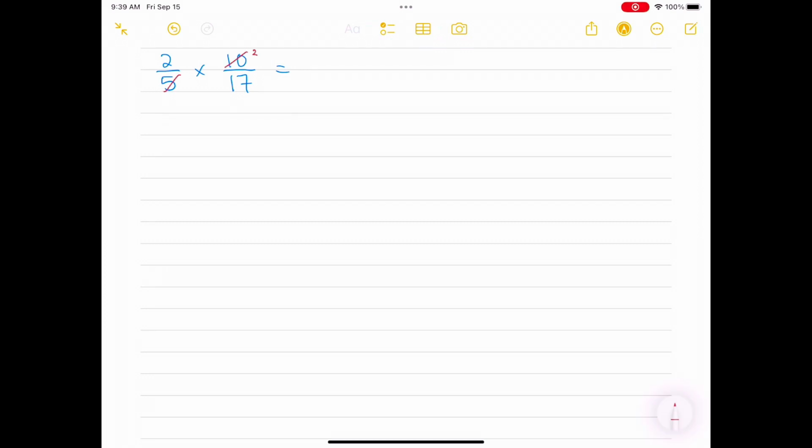So we can simplify that to be 2 in the numerator. Now we multiply across. 2 times 2 in the numerator and 1 times 17 in the denominator, which gives us 4/17.